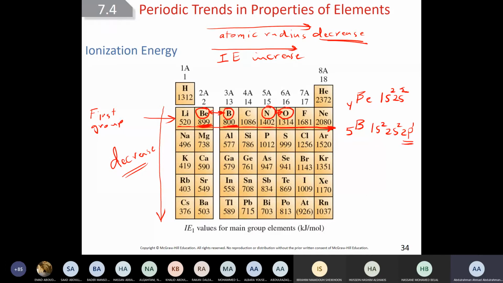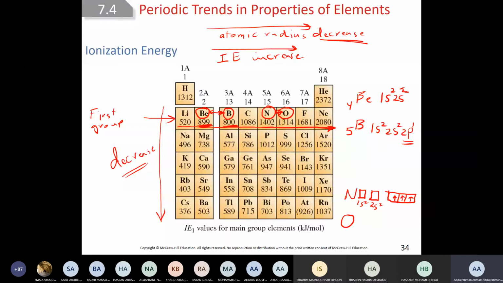Now, let's look at nitrogen and oxygen. If this is nitrogen, and then this is oxygen, and if you draw the electronic structure for nitrogen, 1s2, 2s2, 2p3: 1, 2, 3.